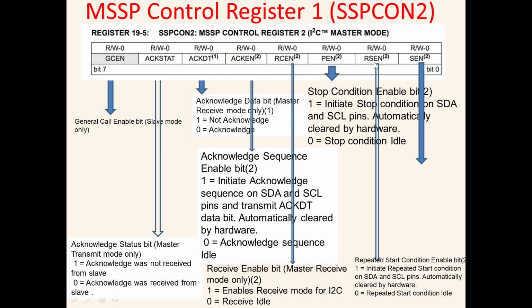So if your master is fixed with only one particular slave, let's say slave number 7, and continuously it will be in reception mode or transmission mode, you need to repeat the start condition for further data access from your slave to the master. In that manner this RSEN bit will be used.